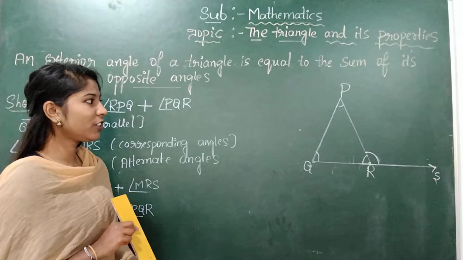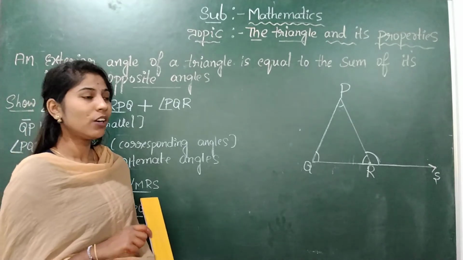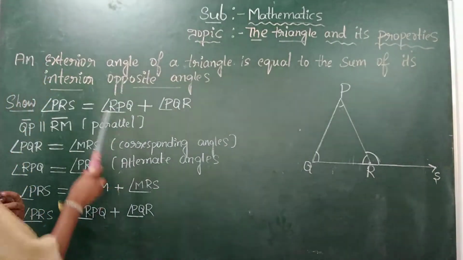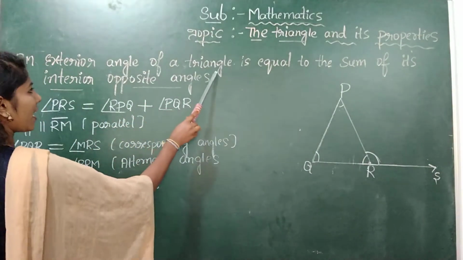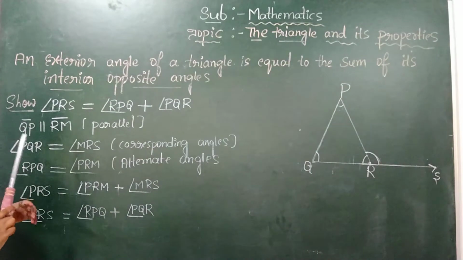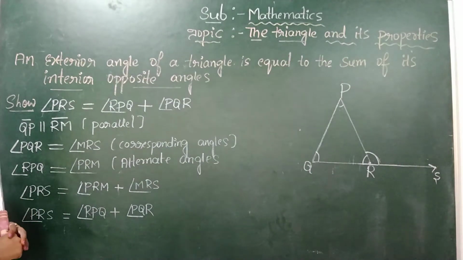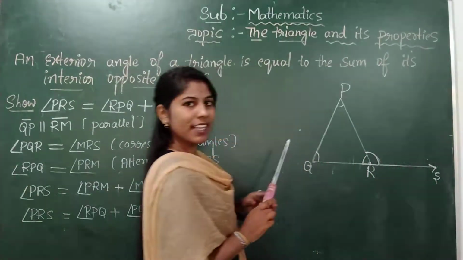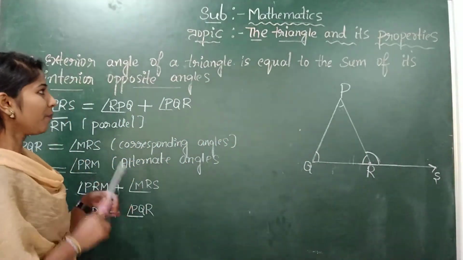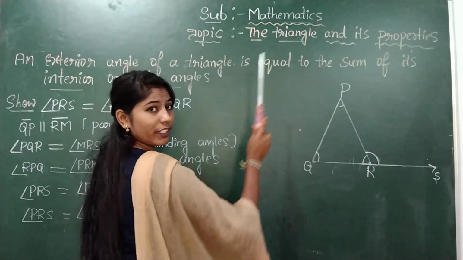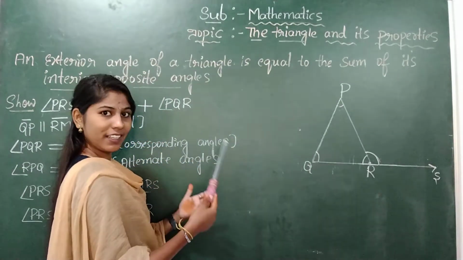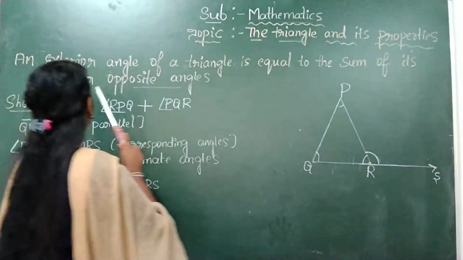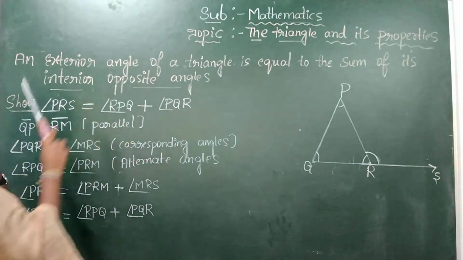So what is the property you are learning today? The property is what it says here. An exterior angle of a triangle, as now you know which is the exterior angle, PRS, is equal to the sum of its interior opposite angles.